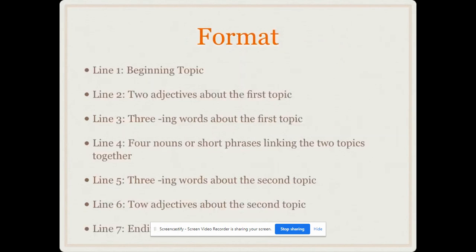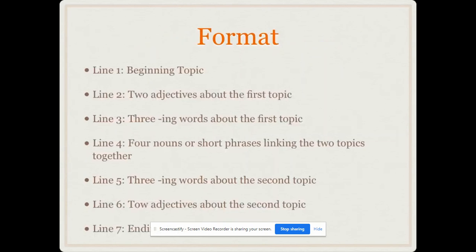Okay, so the format of the diamante poem. For line 1, we have the beginning topic, and then for line 7, we have the ending topic. Going back up to line 2, we have 2 adjectives about the first topic. And then for the next line, we have 3 ing words about the first topic. And then for line 4, we have 4 nouns or short phrases linking the 2 topics together.